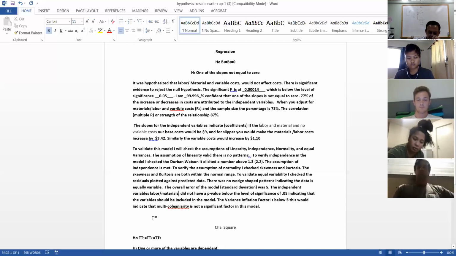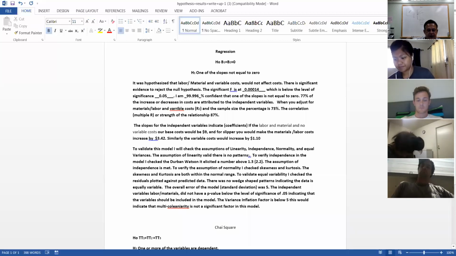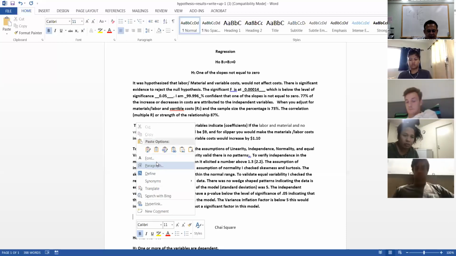The only thing that we'd have to write for homework beyond that is our model itself, our equation. And so to do that, we would need our coefficients. Copy and paste.